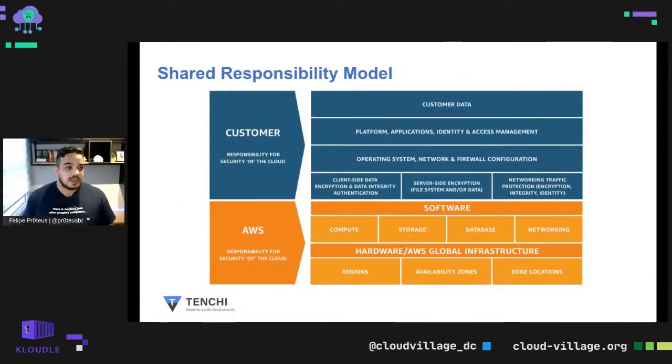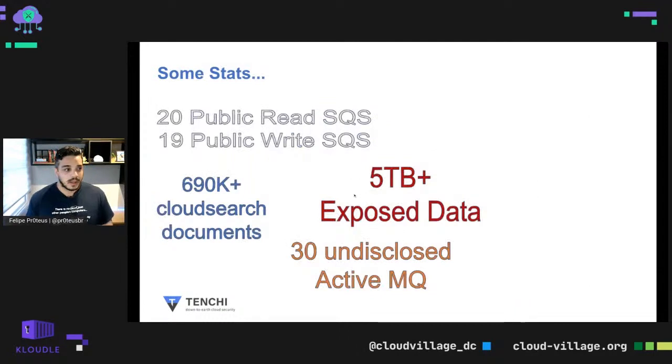Okay, so the shared responsibility model dictates that AWS is responsible for patching, updating, and maintaining the managed resources. And the customer is responsible for configuring the resource policy, security groups, and for securing their data. So all the data that I found in this research was only possible because customers failed in protecting their own stuff.